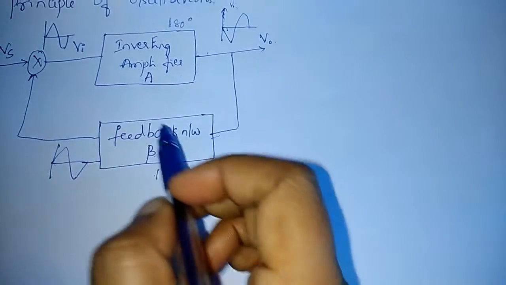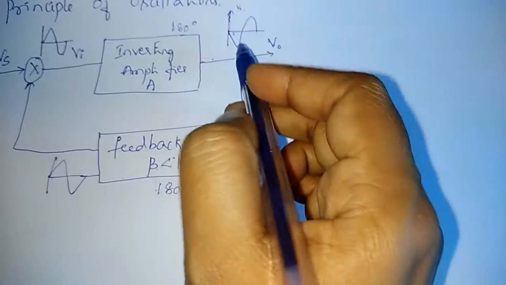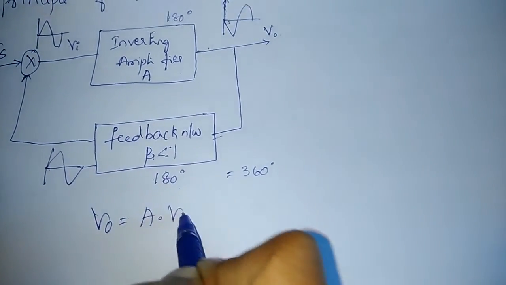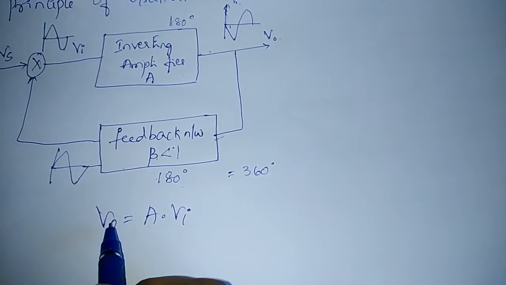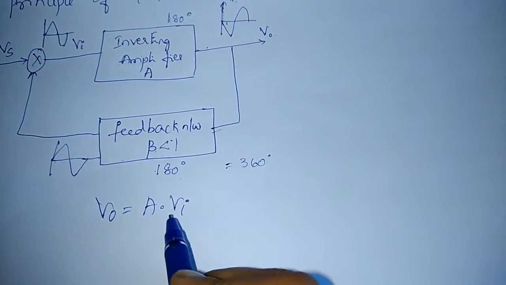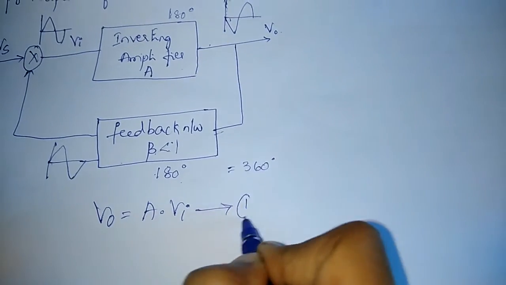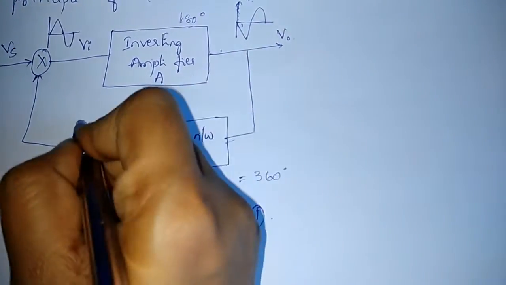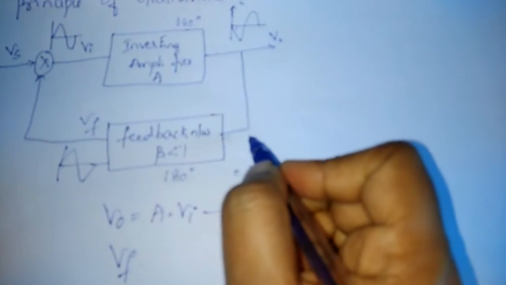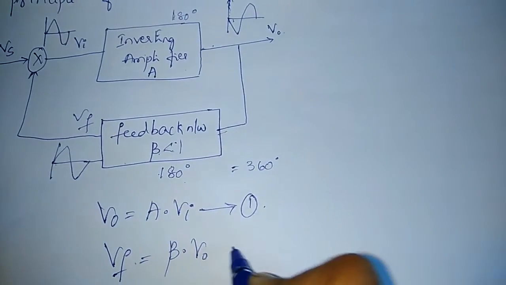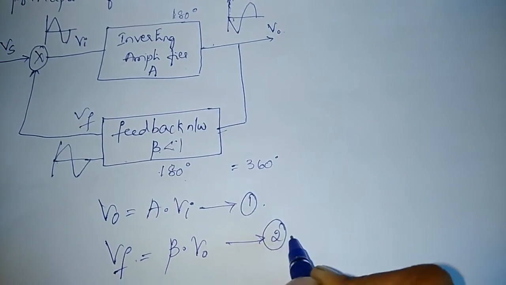So from this figure I can write V0 is equal to A into Vi, can I write? So A is nothing but V naught divided by Vi. So V naught is equal to A into Vi. Let me take this as equation 1. And Vf can be written as beta into V naught, yes or no? Take this as equation 2.